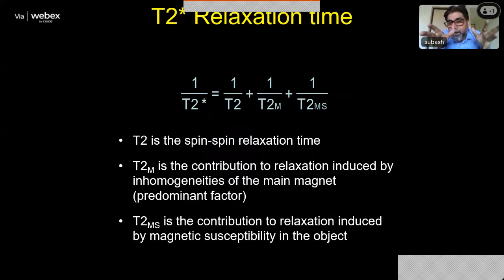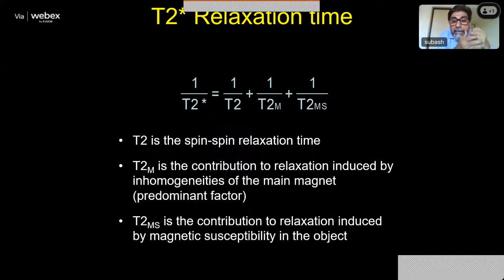So we call T2 star relaxation time equal to 1 upon T2, which is the intrinsic spin relaxation time, then 1 upon T2m, which is the decay of T2 because of the inhomogeneities in the magnetic field. Because you all know we are producing such a huge magnetic field, we don't expect the magnetic field to be exactly uniform at every point. There will be some minor ppm or ppb level differences in the magnetic field, which will also cause decay in the T2 relaxation. So we call it T2m.